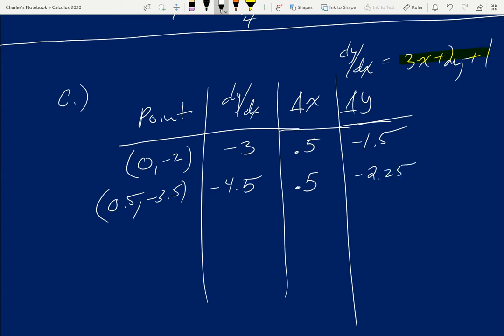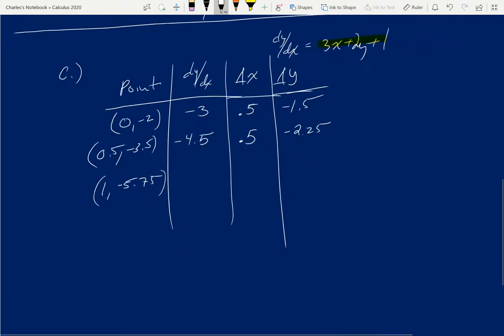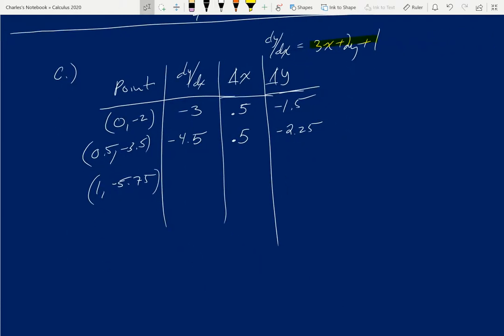And so now my new point is going to be (1, negative 5.75). Okay, and this is your solution here.